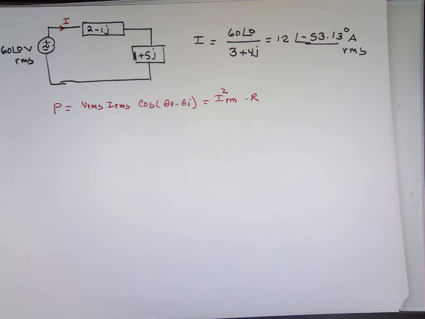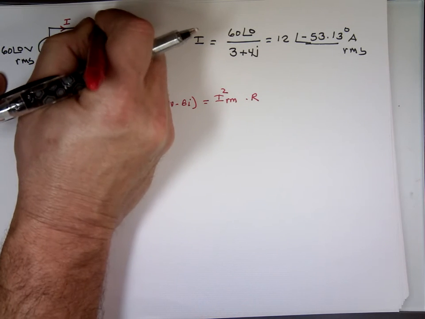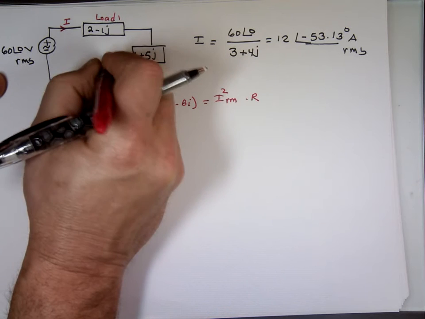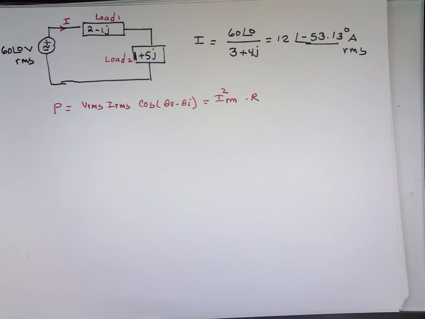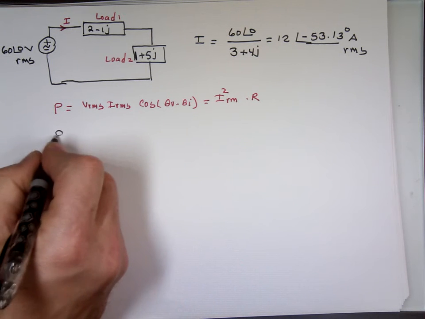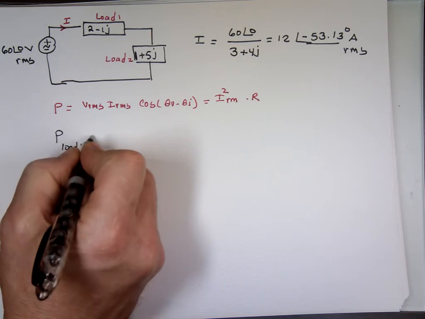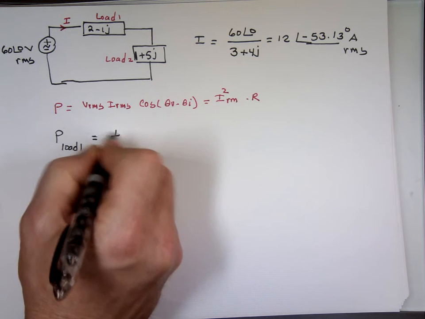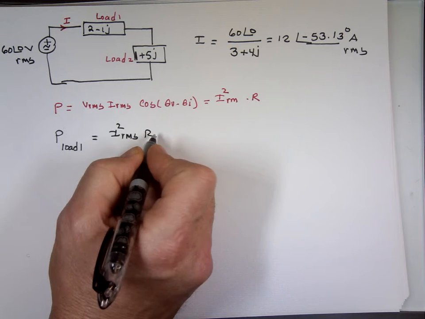So let's call the load here, I don't know, what should we call this? Load 1, load 2? What is the average power absorbed by load 1? The top one. It is IRMS squared times R. And what is my IRMS for that one?